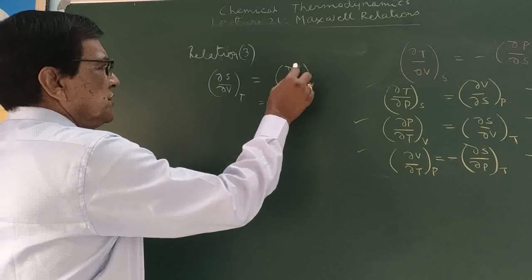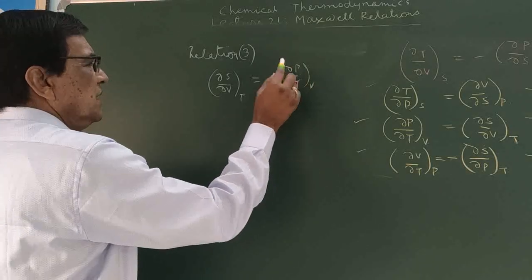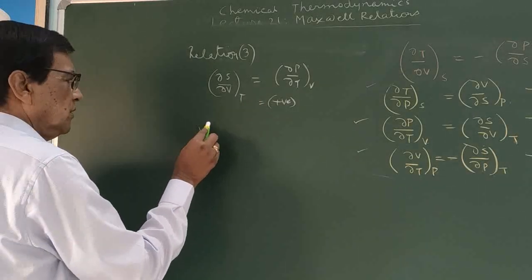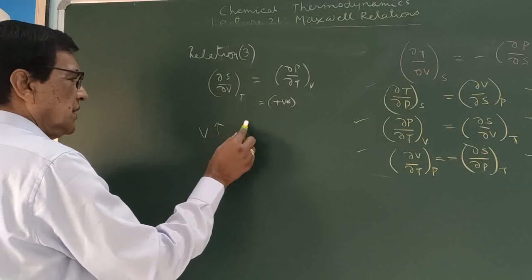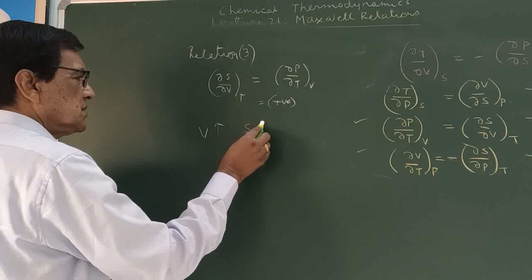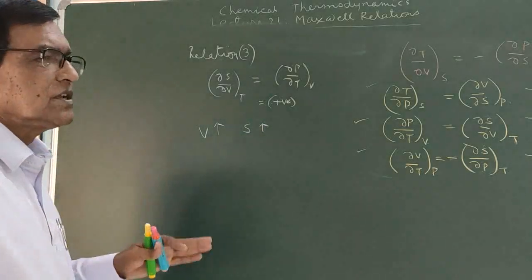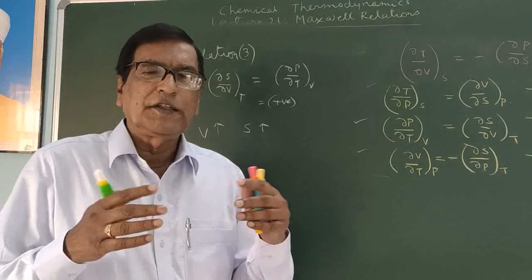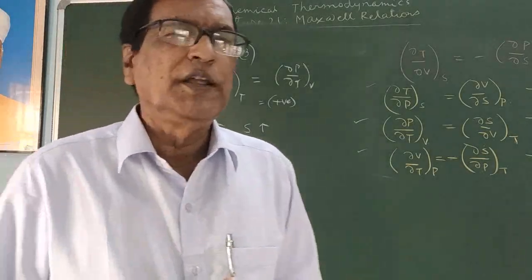And this one is positive. With the rising T, P must increase. It means that whenever you increase V, S will also increase. With this increase of volume of any system, the entropy or the randomness of the system will increase.